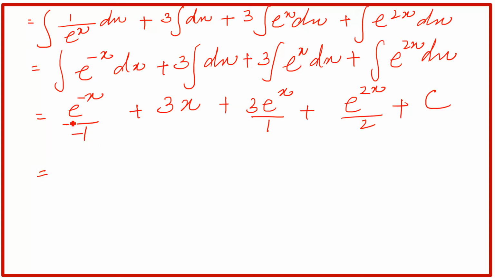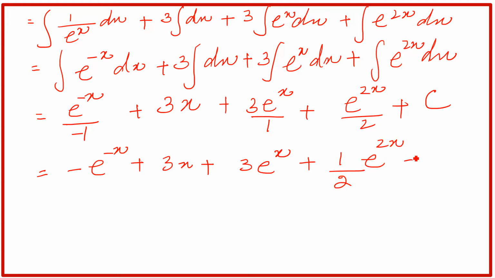One more step, this is minus, we will make it -e^(-x) plus 3x plus 3e^x. The denominator is 1, so no need to write it down, but here it is 2, so 1 over 2 e^2x plus c is our answer.